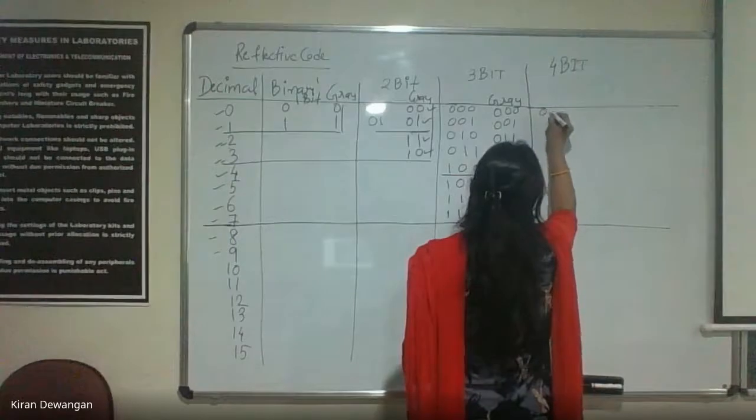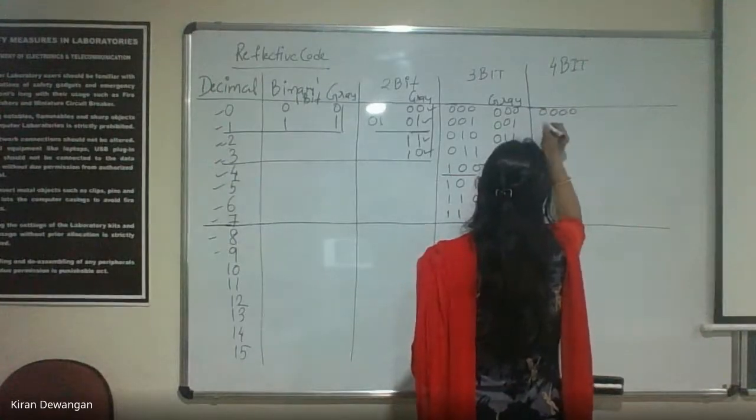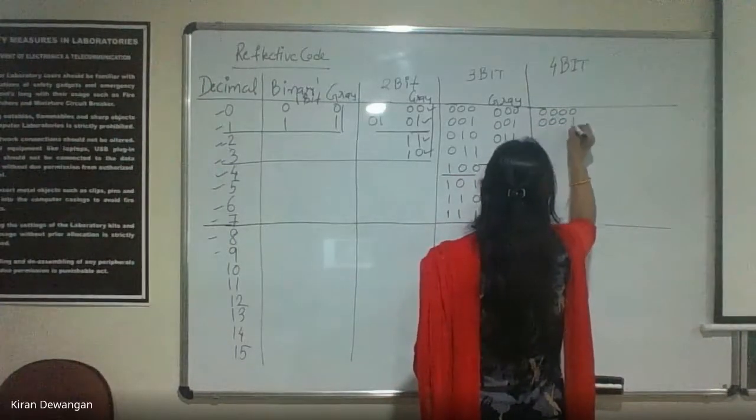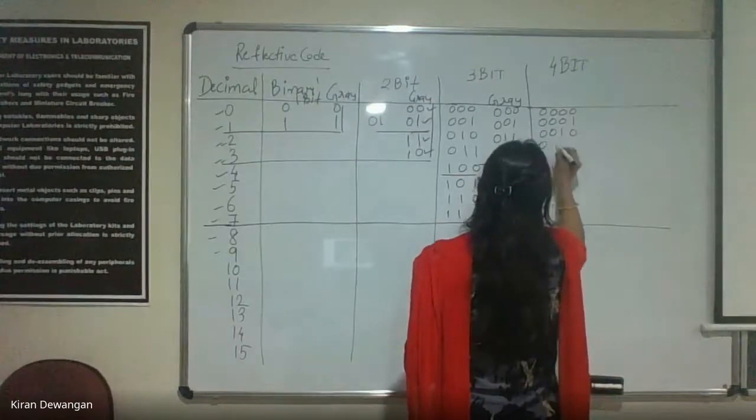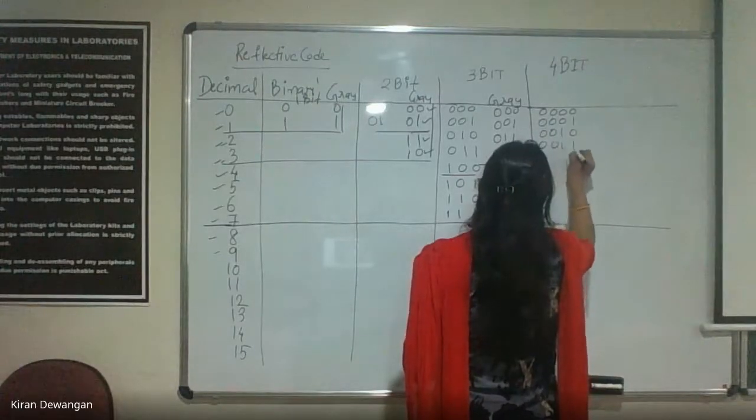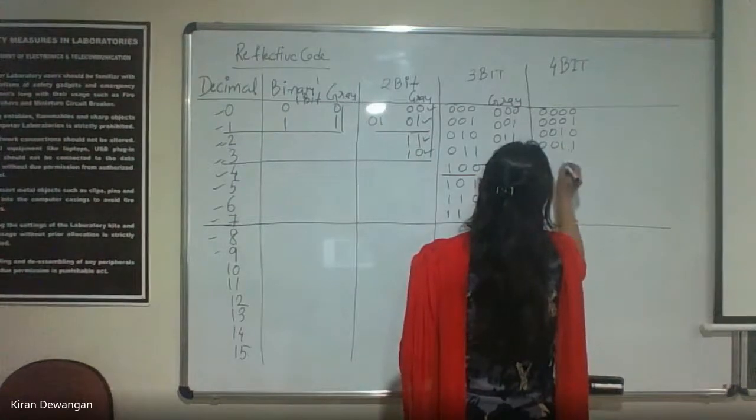Binary 0 0 0 0, 0 0 0 1, 0 0 1 0, 0 0 1 1. 4 is 1 0 0 0.